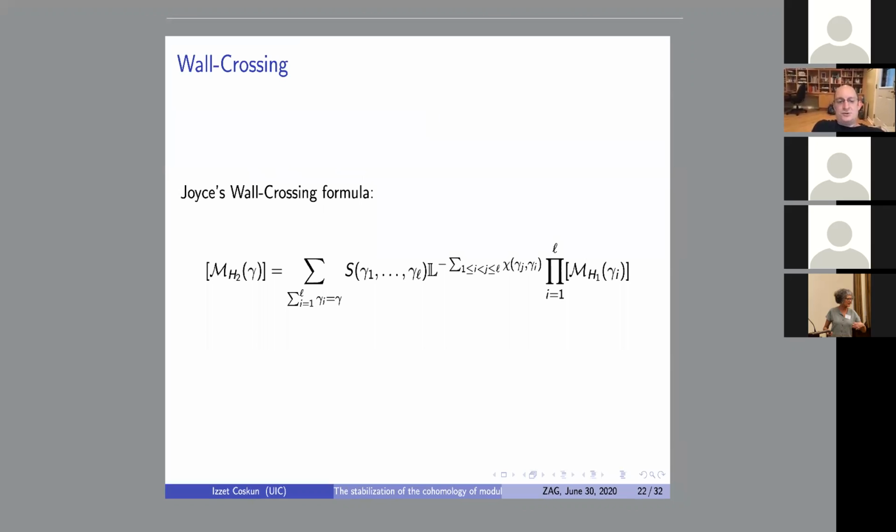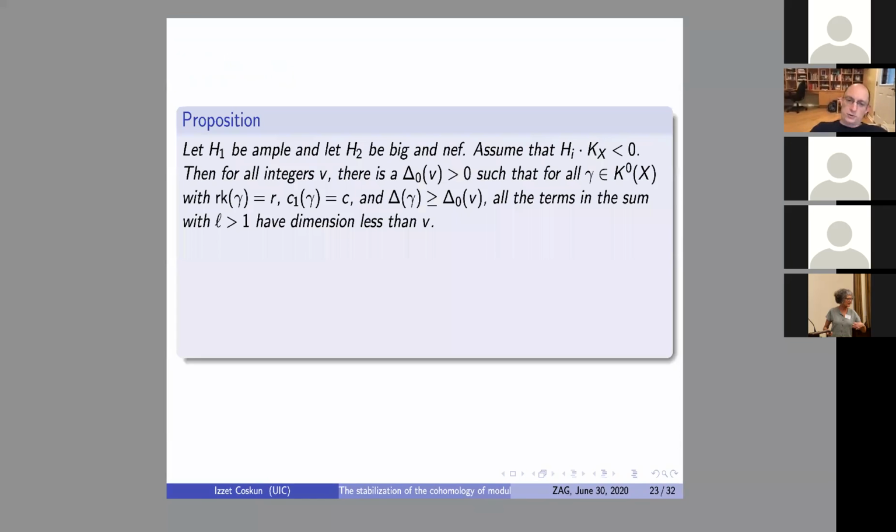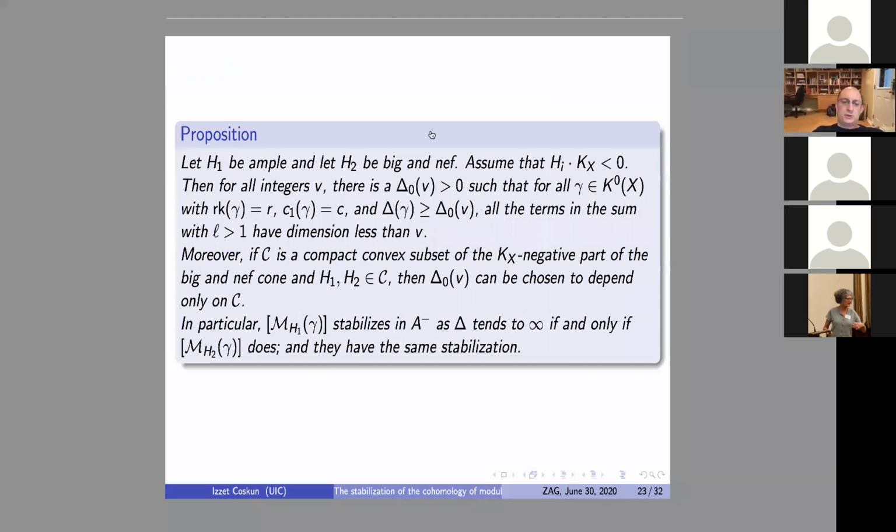You have the Joyce formula that's telling you MH2 is the same as MH1 except for these correction factors, and what you observe is that if the discriminant is large enough, then the correction factors mess things up, but they mess it up in higher and higher codimension. Okay, so in particular, if one class stabilizes as you let delta tend to infinity, the other one does too. They have the same stabilization.